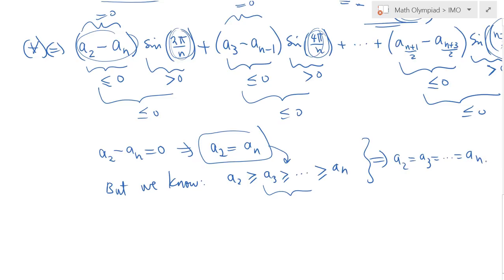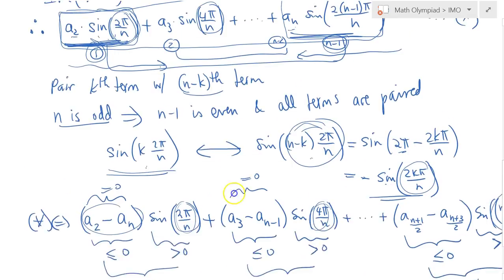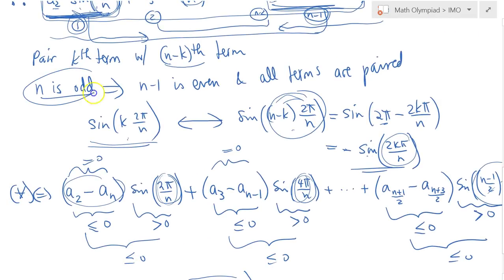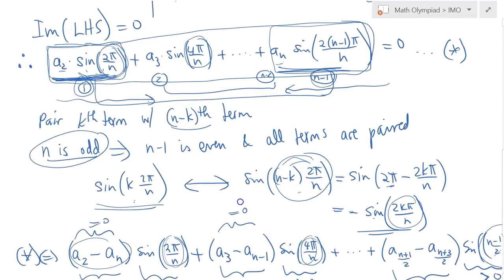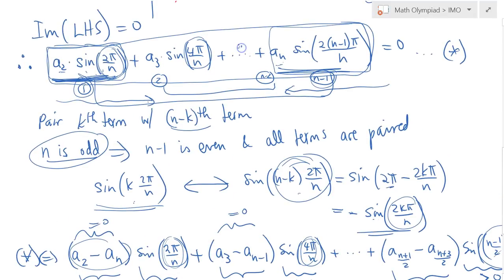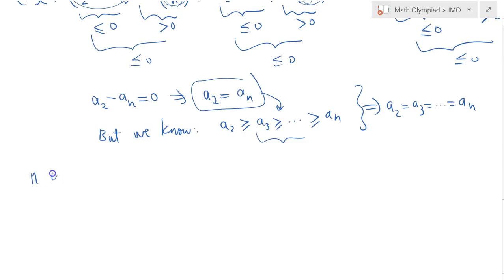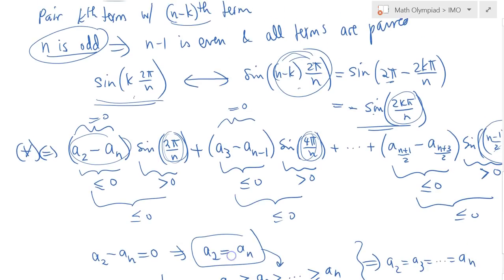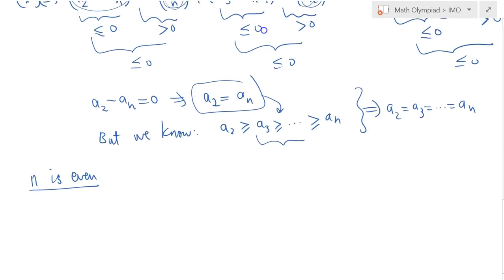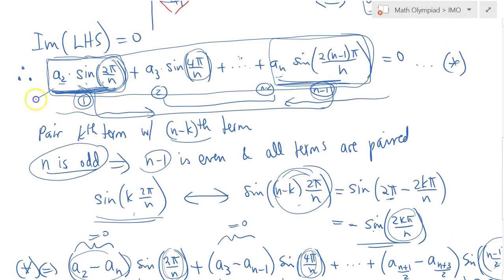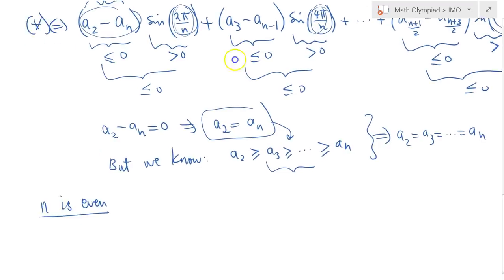But then you might say, hey, this is just the odd case, right? Remember early on I said when n is odd. If n is even, we will have a term in the middle, which we will not be able to pair. But what is that middle term? If you do the calculation, so n is even, then this star sum has n minus 1 terms.